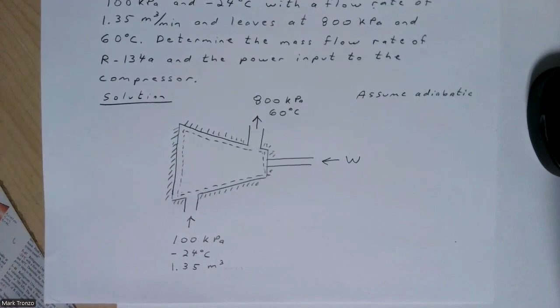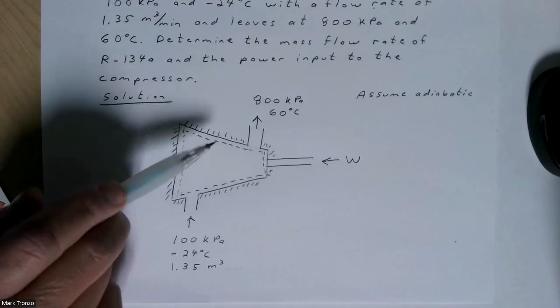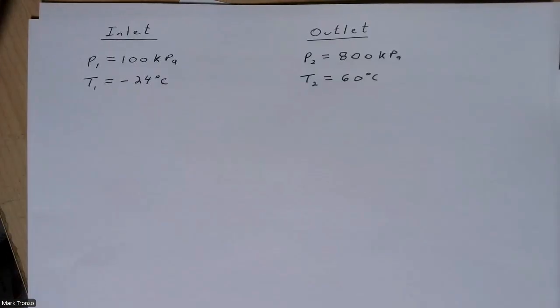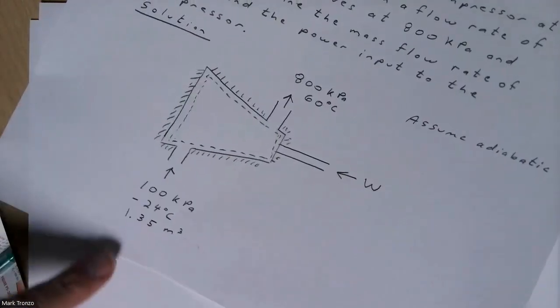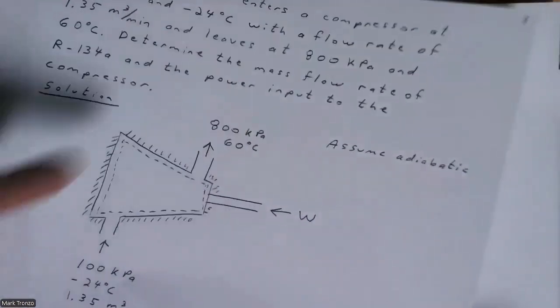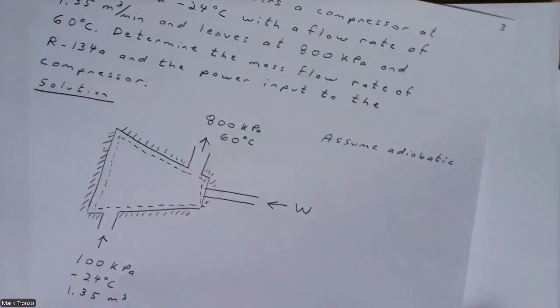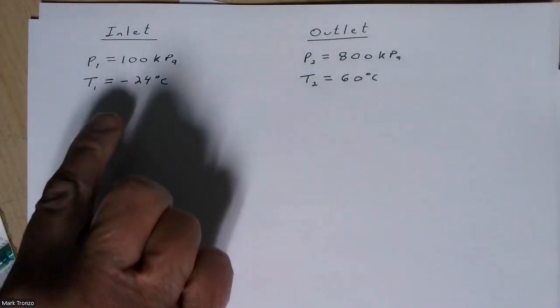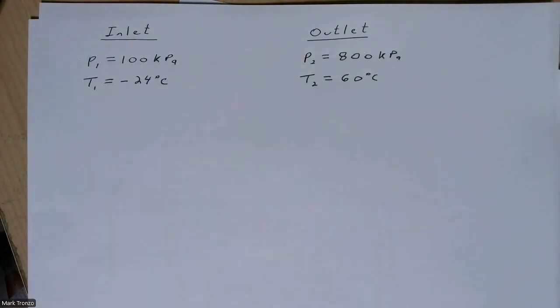And so let's go ahead and apply our equations. So I guess first we need to find the inlet and outlet properties. So our inlet conditions are 100 kPa and minus 24 C, outlet 800 kPa and 60 degrees C. And we'll have to check to see what conditions these are.